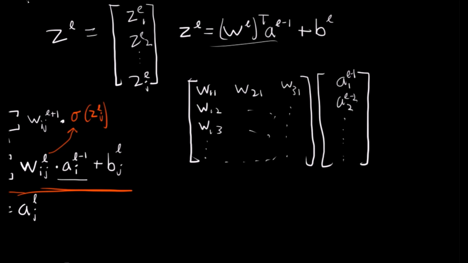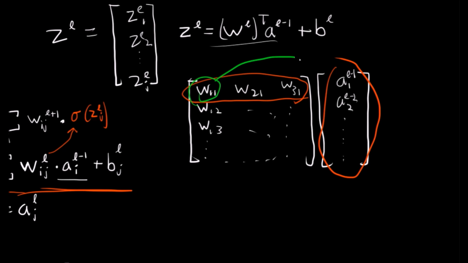So what happens when we matrix multiply? Each element here, the corresponding elements get multiplied and summed together. So this element right here is going to be multiplied with this one: W11 times A1^(L-1).